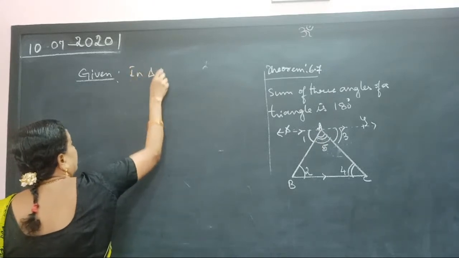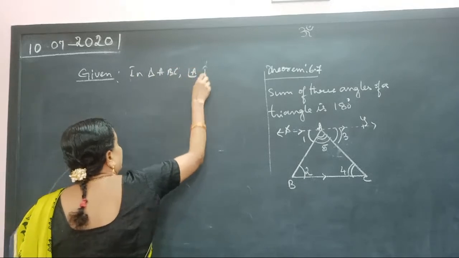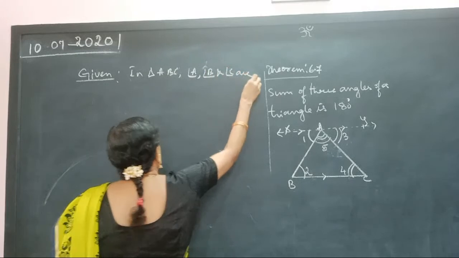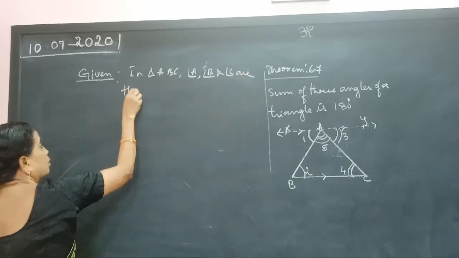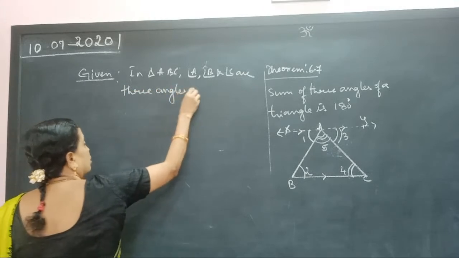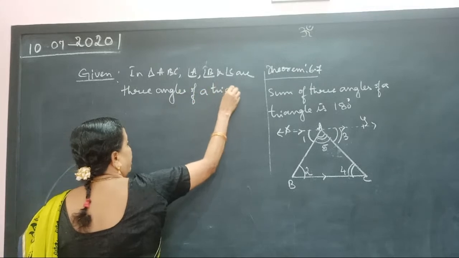Given: in triangle ABC, angle A, angle B and angle C are three angles of a triangle.